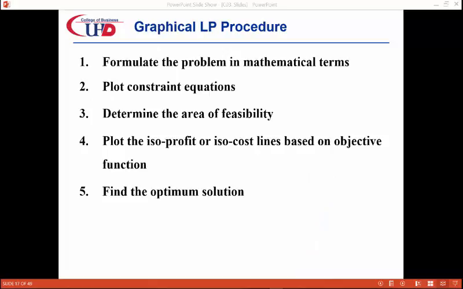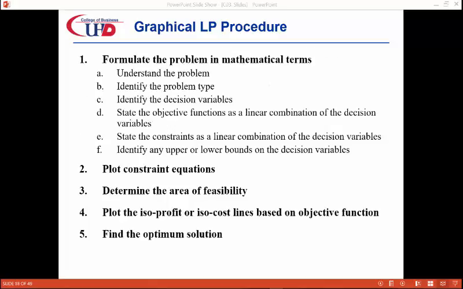Here are the 5 steps we need to go through for using the graphical approach to solve a linear programming problem. I will get into details step by step. Step 1. Formulate the problem. It can be further broken down into some detailed procedures.